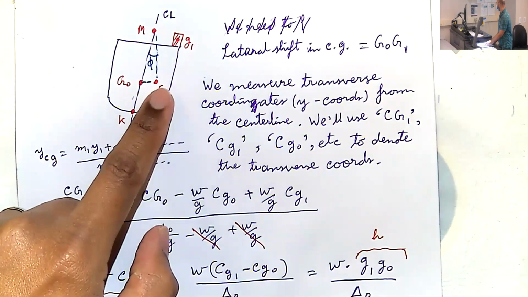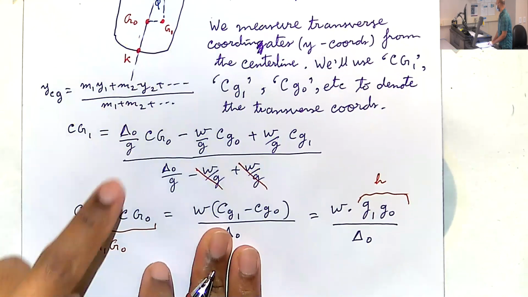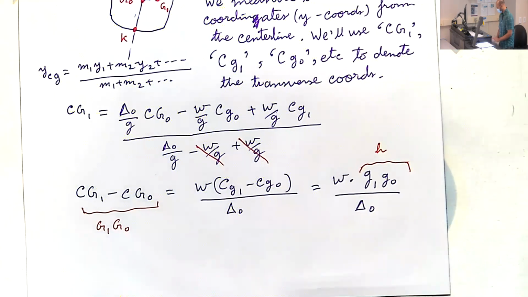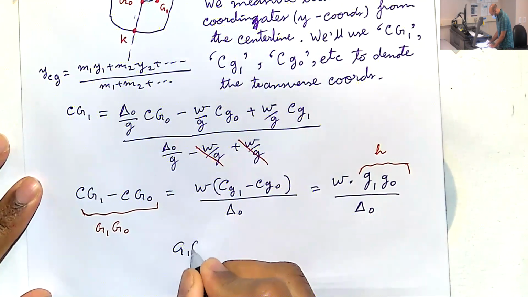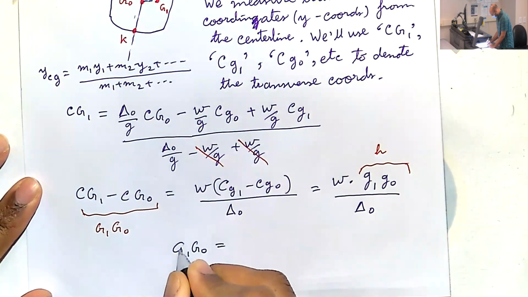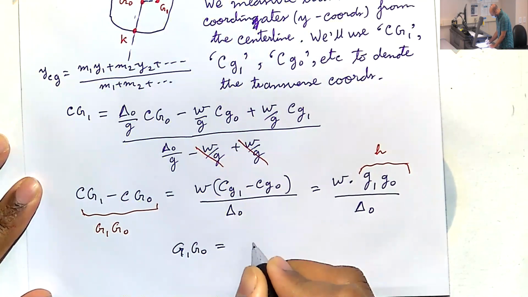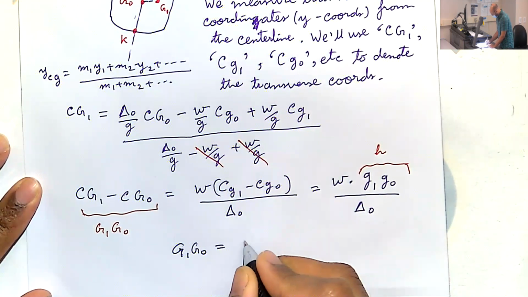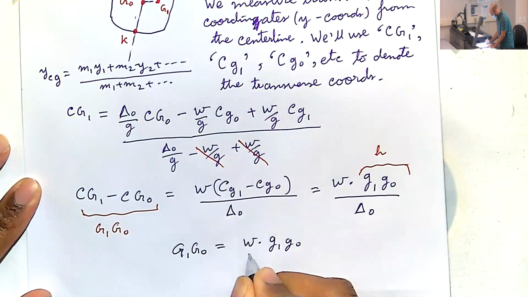If you take the coordinates of CG1 and subtract CG0, we get the distance G1G0. So that's a useful one to remember. G1G0 is equal to W dot G1G0 over delta.